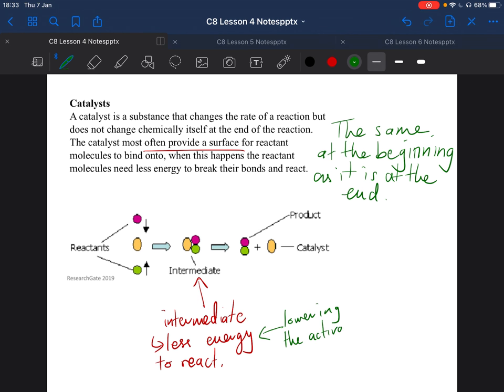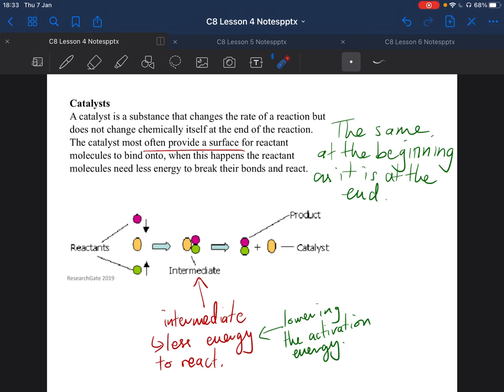So we already talked about this in the first video of this topic. Activation energy is the minimum amount of energy that reactants need to break their bonds when they collide and cause a reaction to happen. If we have a catalyst, because we're bringing those reactant molecules closer together, they don't need as much energy, and so the activation energy comes down for that reaction.